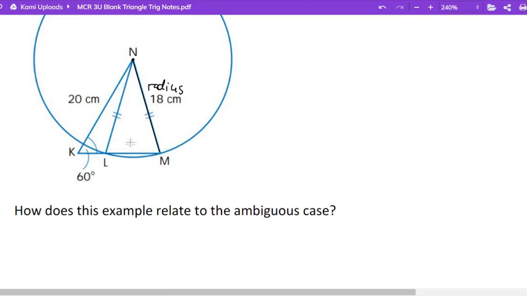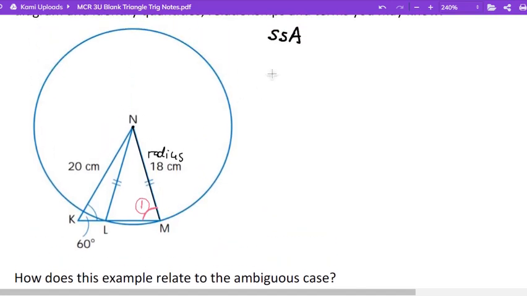Okay. Now, knowing the ambiguous case, which angle can we solve for first? Okay. So we would solve for M first, right? So first we would solve for M, using which law?